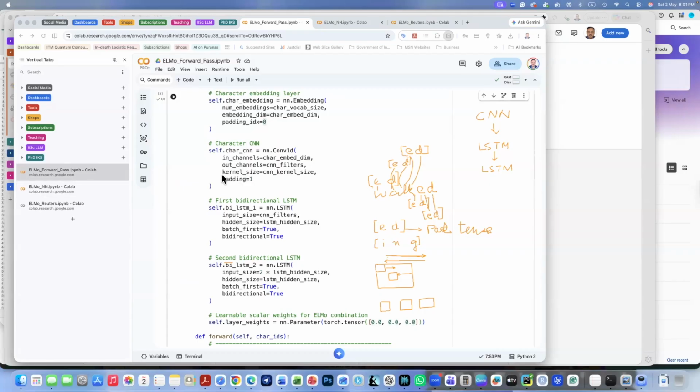First of all, in CNN, I have a kernel, and the kernel has a size. I told you I will have multiple filters. You see, I'm defining here that I will have multiple filters. It is not a single filter. Second, in LSTM I'm also telling you that you have a hidden layer, which has different sizes.